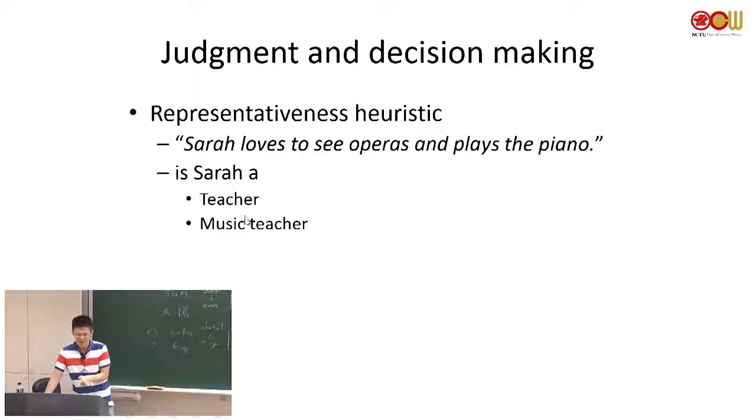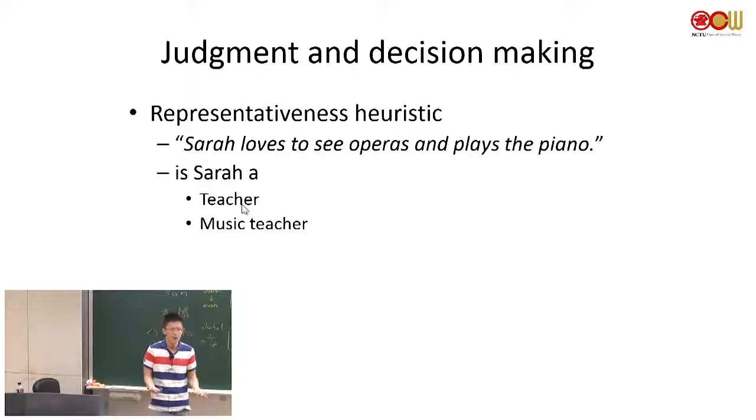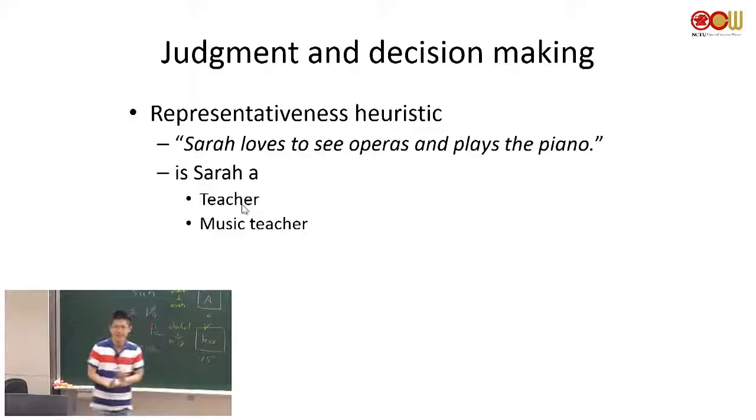So if Sarah is a music teacher, she is also a teacher. So if you only look at the probability, you should choose teacher. It's more likely that you will get it right. Although of course, you can still get it wrong, but teacher is a safer answer.